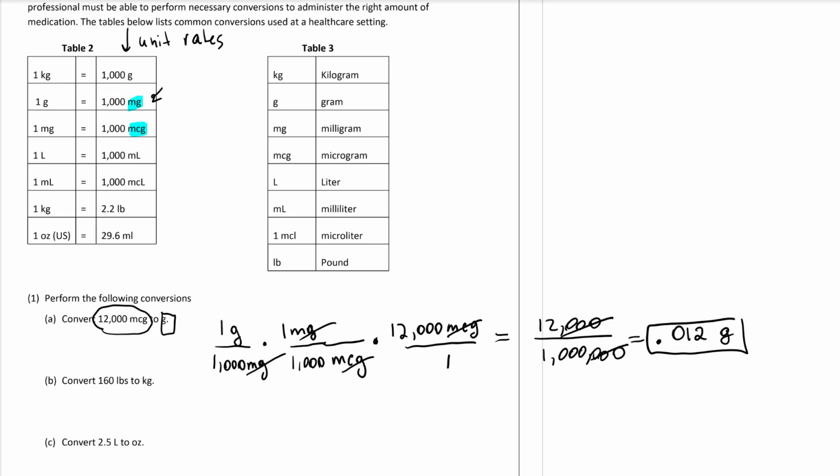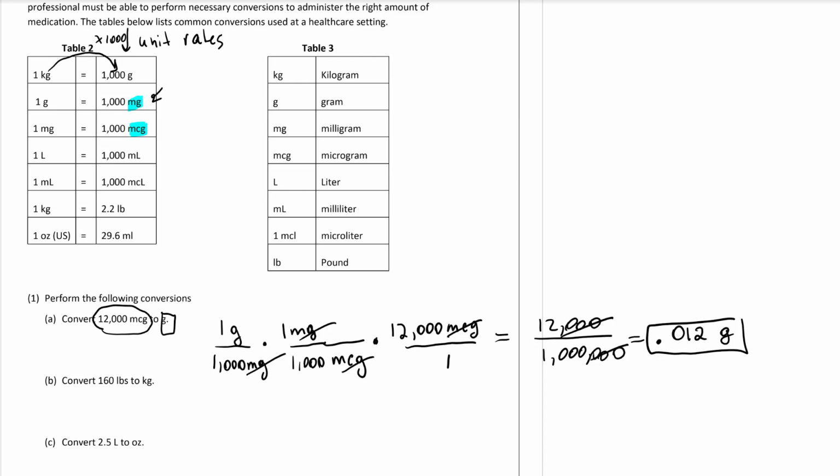So if you want an alternative way to do this, there's a way to go. Look, whenever you are in this table, if it's a unit rate, when you go from kilograms to grams this way, you multiply. So 1 kilogram is 1,000 grams. 2 kilograms is 2,000. 3 kilograms is 3,000.